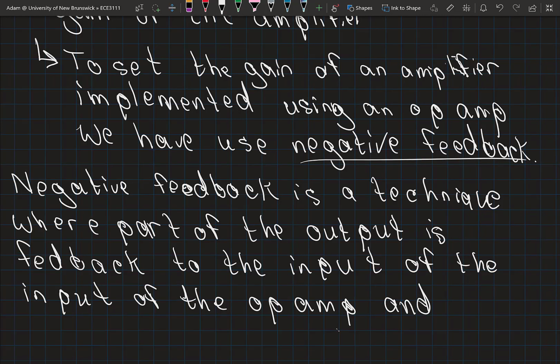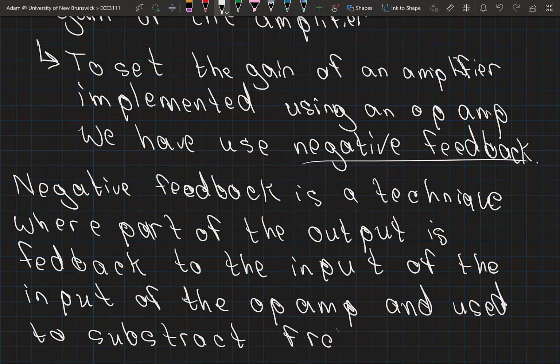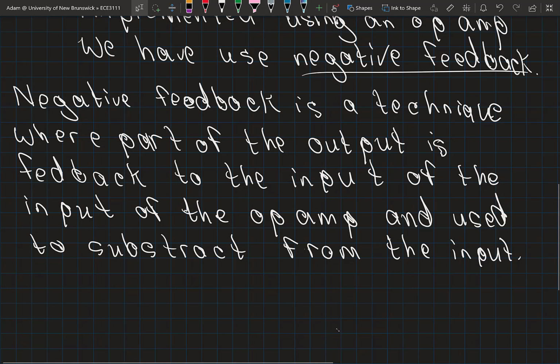and that feedback is used to subtract from the input, hence the negative aspect of the feedback. Okay. So again, it's this subtraction aspect that makes the feedback negative.